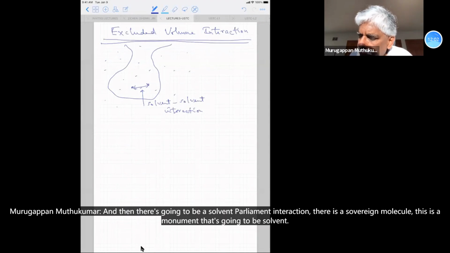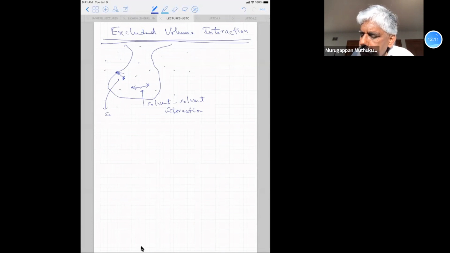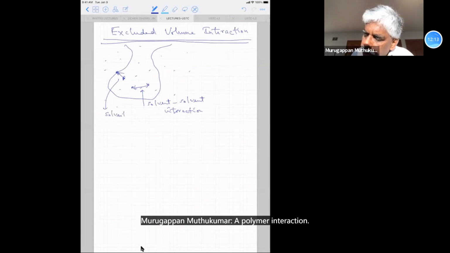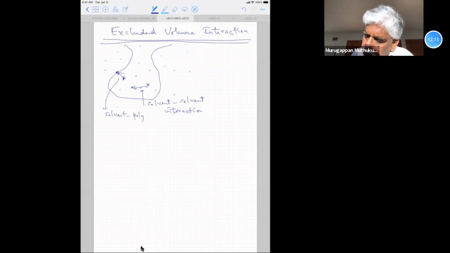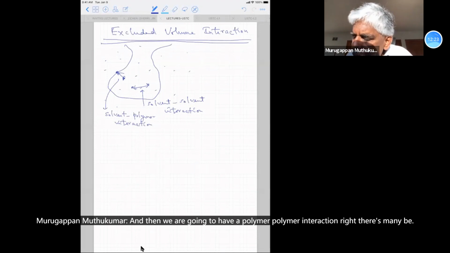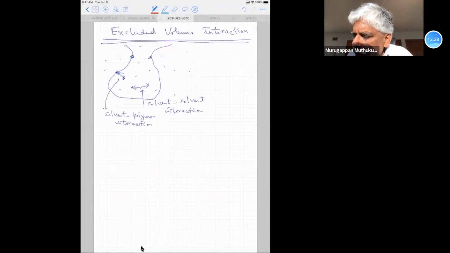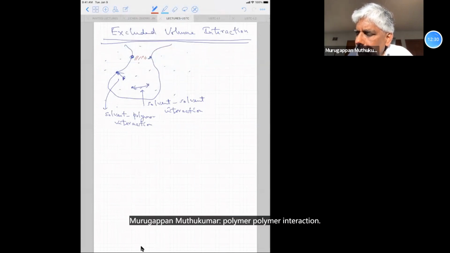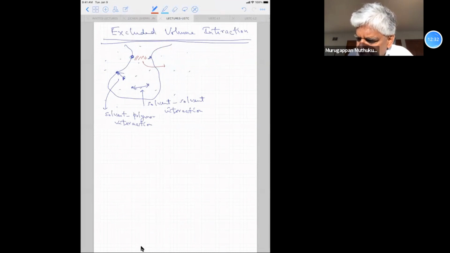And then there's going to be a solvent-polymer interaction. There is a solvent molecule, this is a monomer, that's going to be a solvent-polymer interaction. Polymer segment, if you like. And then we are going to have a polymer-polymer interaction.